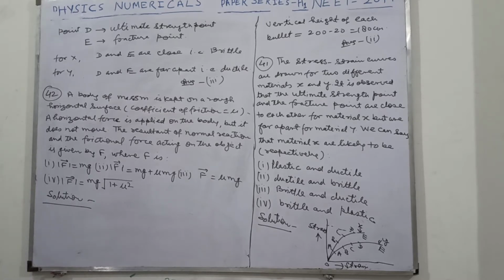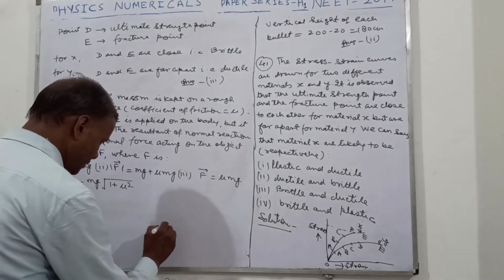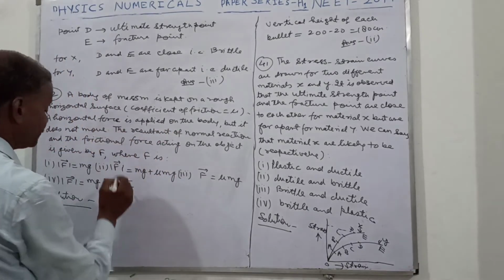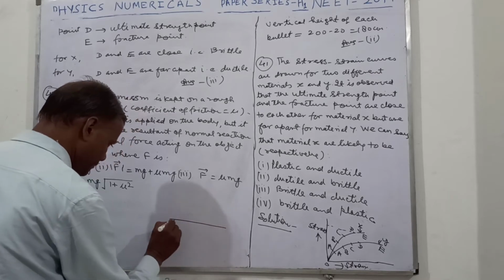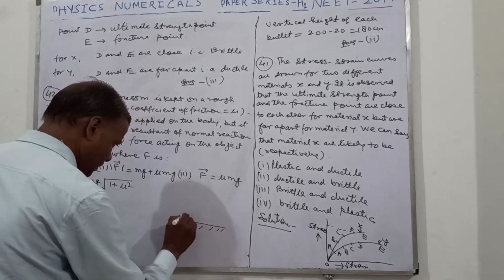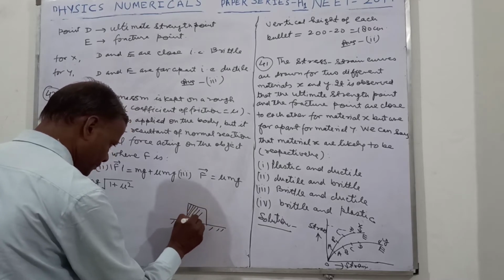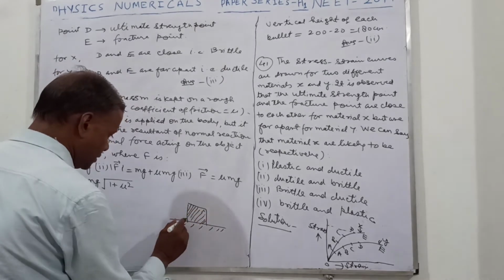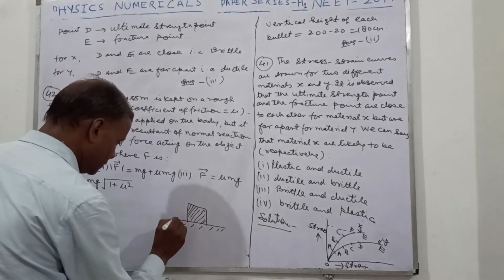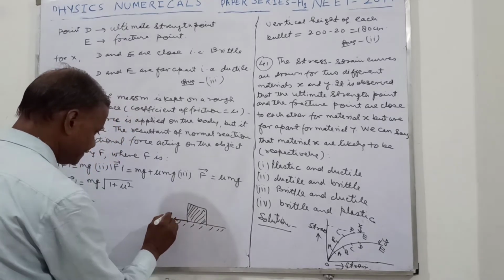Now we are given the mass that is placed on the horizontal rough surface. This is the body kept here. Now on this, a frictional force will act in this direction.